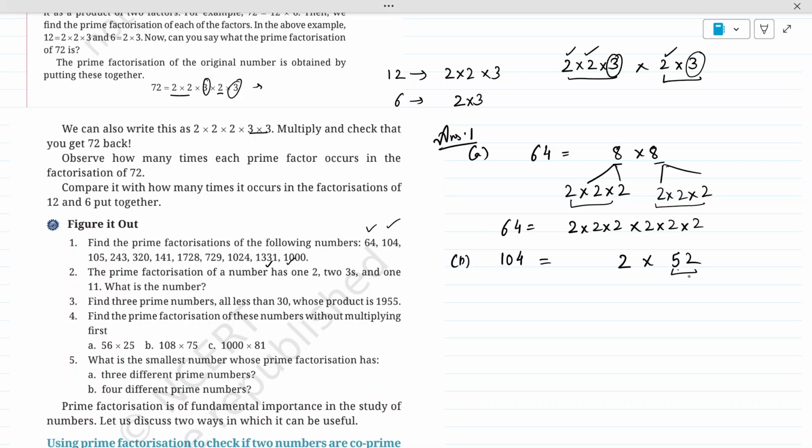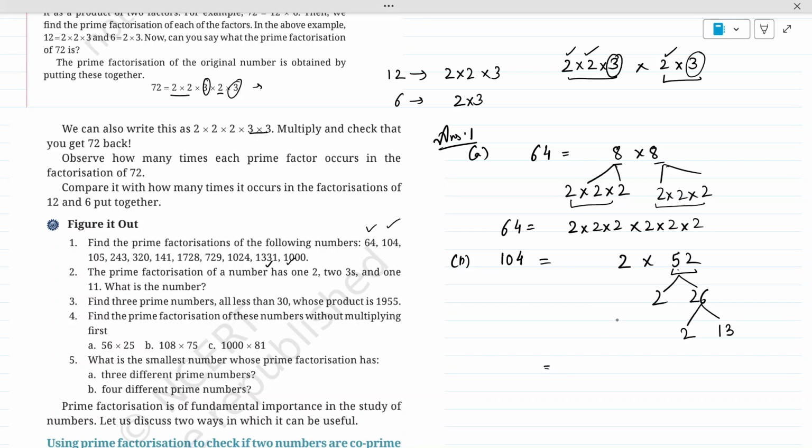I can break this 52 into 2 and 26. This 2 I cannot break further. I can break this 26 as 2 and 13, right? And if you see here, 2 is the lowest prime number. It cannot go beyond it, and 13 is also a prime number. So again, we cannot drill it down further.